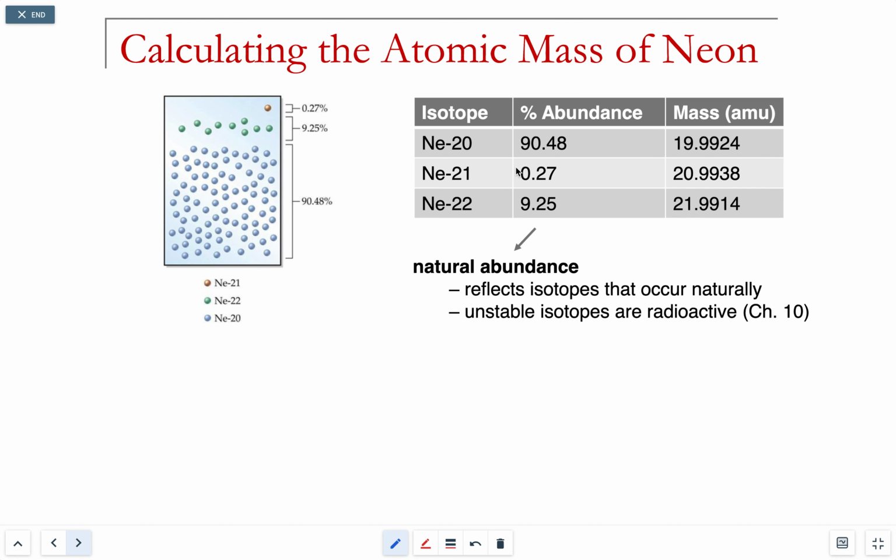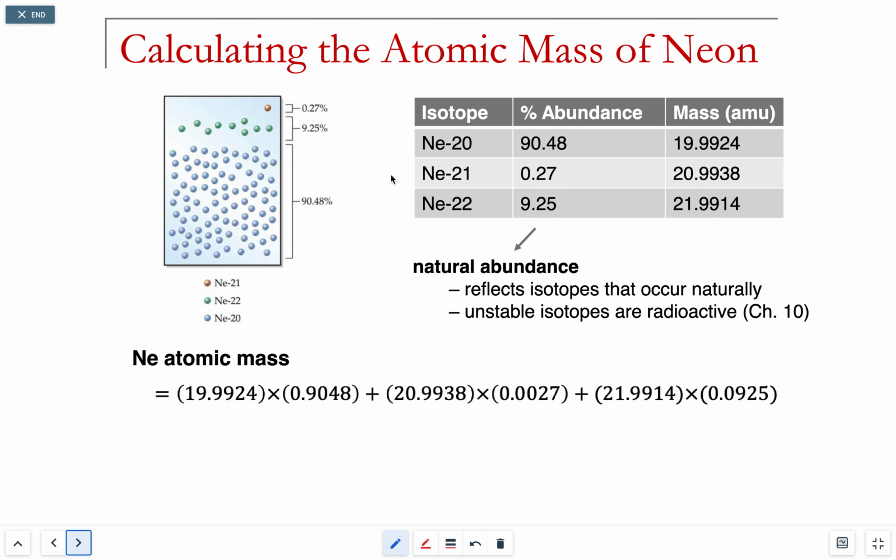So to do the calculation now, we take the mass of the first isotope, neon 20, we put its mass there, and then we multiply it by its fractional abundance, okay, which is 90.48%. We remove the percent by dividing by 100. That moves the decimal point there, and we have 0.9048.